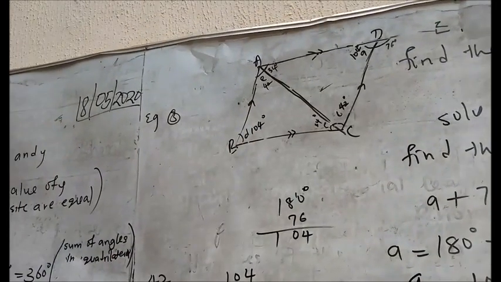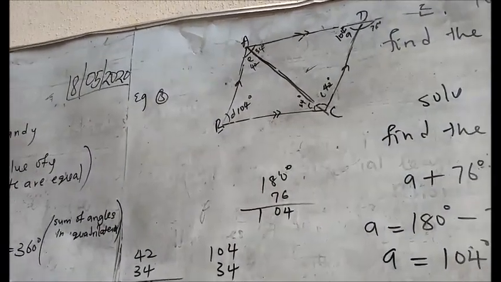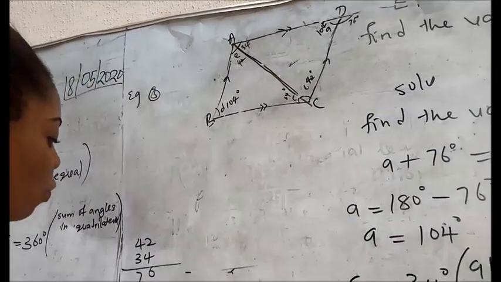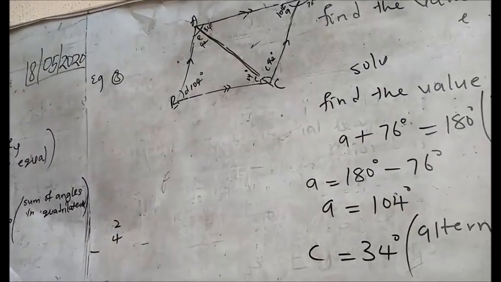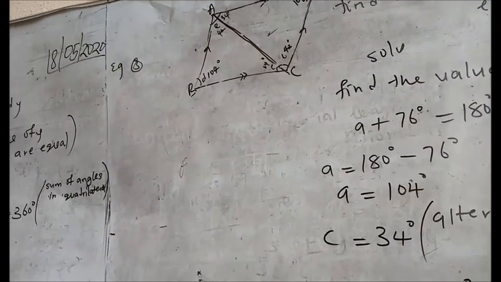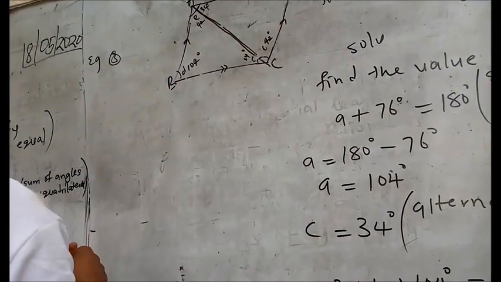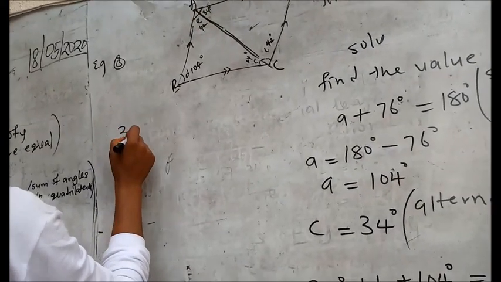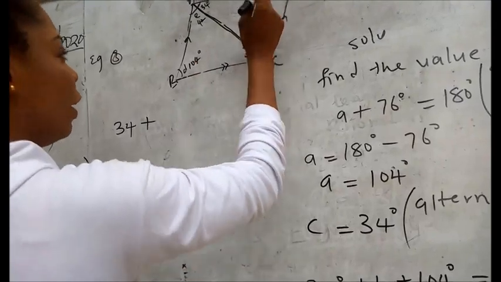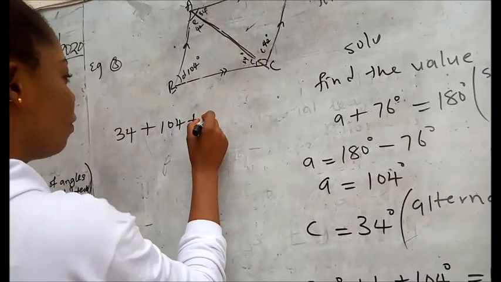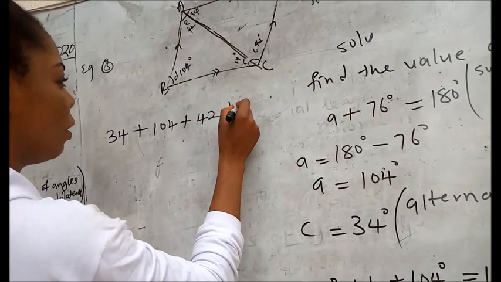Now, to check if my answer is correct, we are told that the sum of angles in a quadrilateral is equal to 360 degrees. Let me see if all the angles here give me 360 degrees. I have this angle here to be 34, plus here 104, plus here 42.